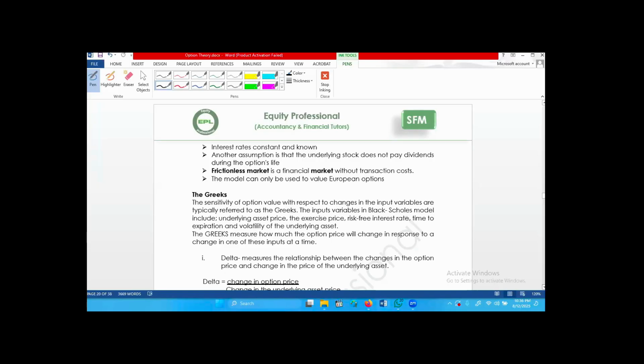What are these input variables? We have 5. The Greeks measure the sensitivity of option price or option value to a change in any of the input variables.